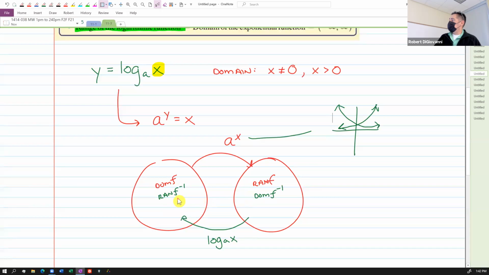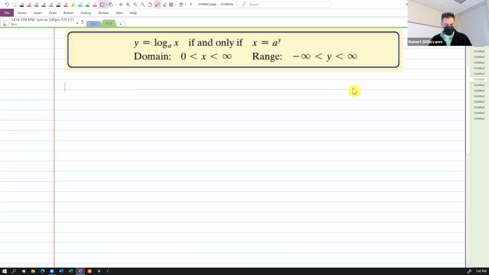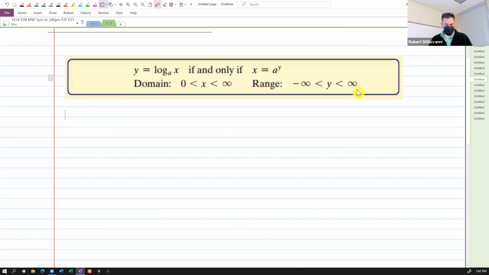And then the range of this function, the green one, is the domain of a to the x, which is all real numbers. So they switch places. That's all this is saying. The domain and range switch places between the two functions. That's basically everything I just said, written a different way.